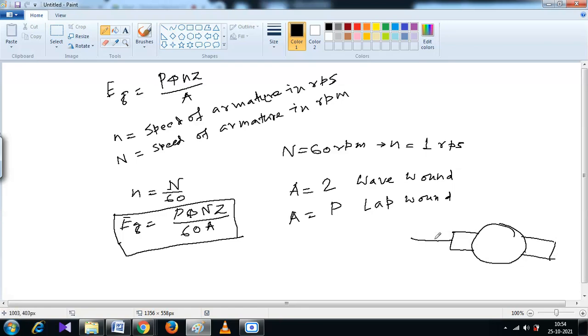Suppose one current is coming like that, and all the conductors in the armature are connected in series.